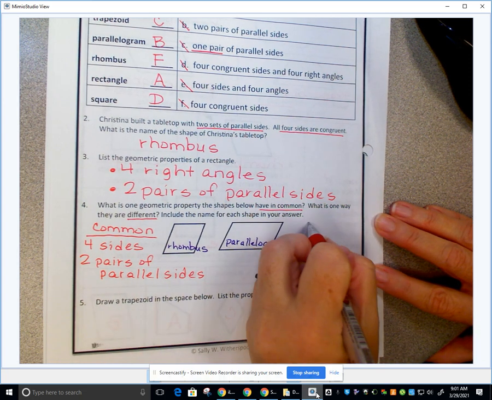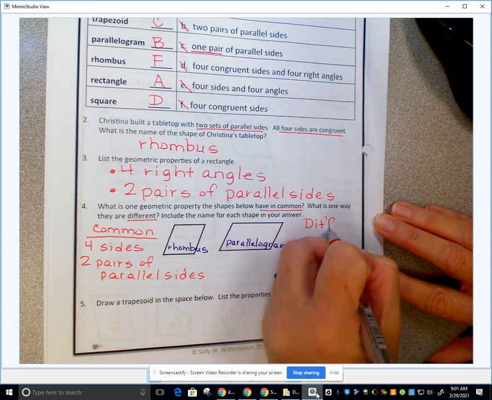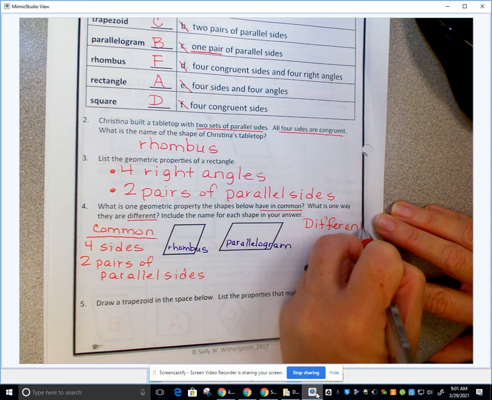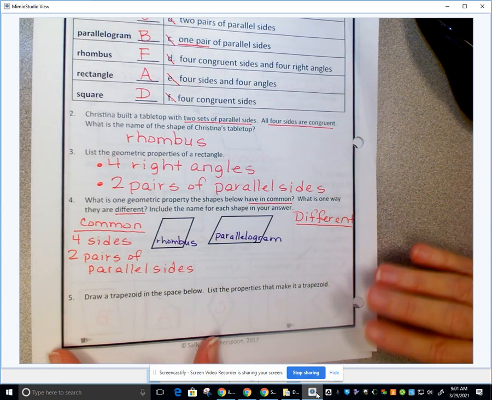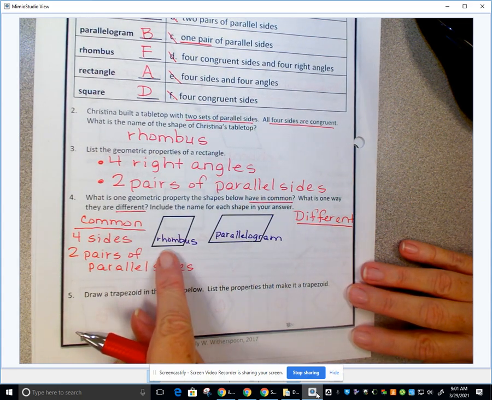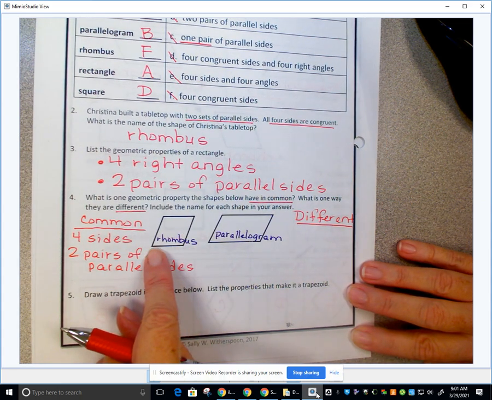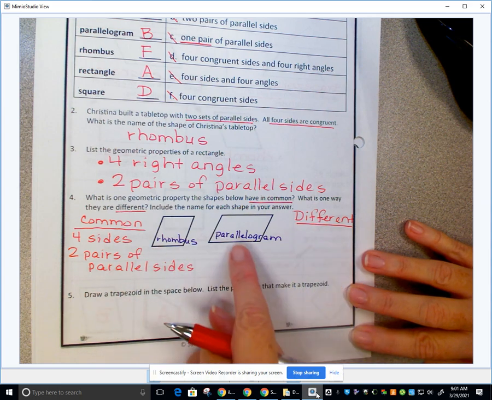Now over here, I need to say how they're different. And if you'll notice, we know the rhombus has congruent sides and the parallelogram does not.